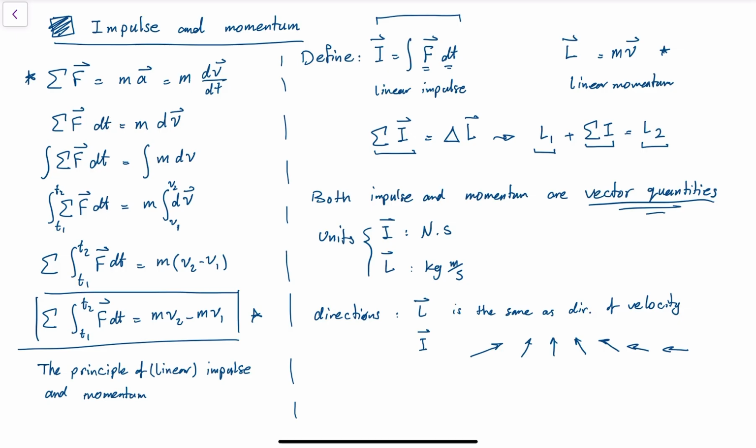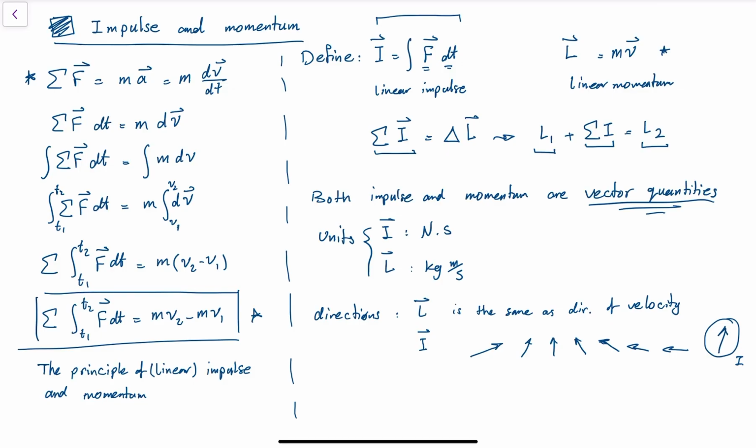In this example, the progression of force over time is this. You should end up with a summation and a total impulse that is kind of upward. So you need to take into account both the magnitude and direction of force as it changes over time.